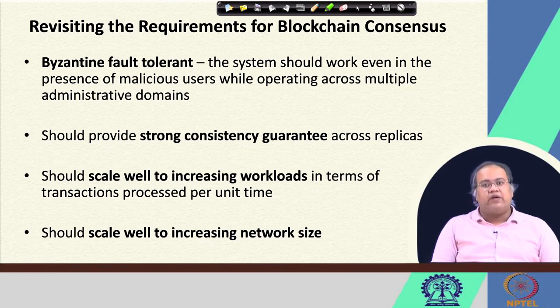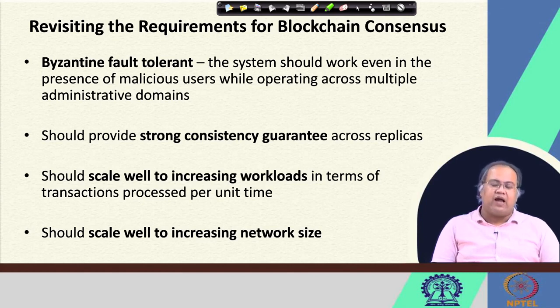The second requirement is to provide strong consistency guarantee across replicas. So, we need to ensure that the different replicas which are available with individual peers of my blockchain network, every peer or every node, have the same copy of the replica at the same instance of time. Then we need to ensure that my consensus algorithm should scale well to increasing workloads in terms of transactions processed per unit time, or transactions per second.